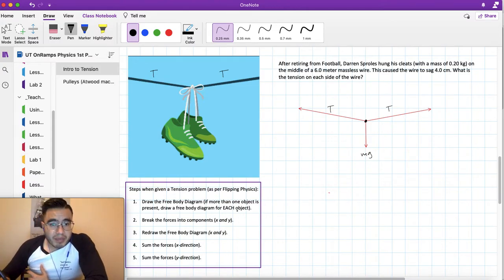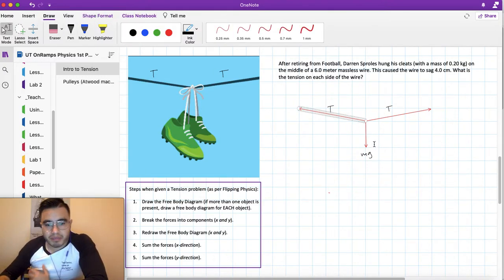Now the second step says break the forces into components, X and Y. So we need to find the component of tension acting along the Y direction and the component of tension acting along the x direction. By symmetry, they're going to be the same, so we can focus on the left side only, and it'll translate to the right side. So I'm going to copy this vector.